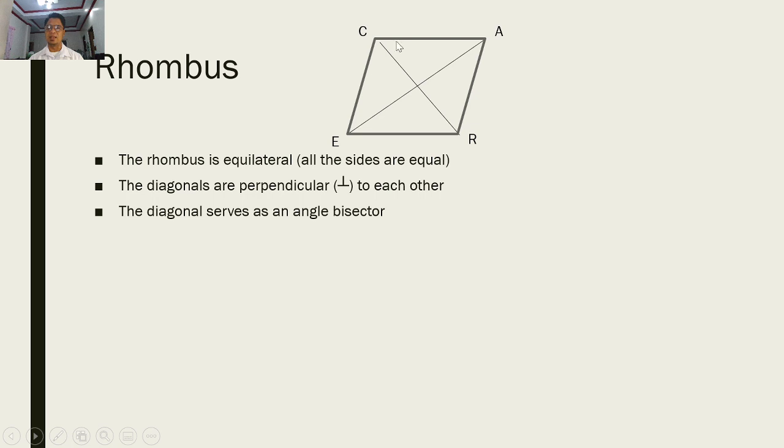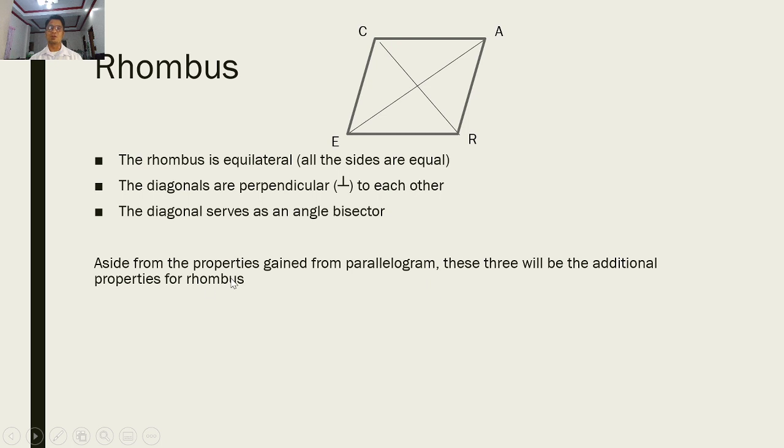If this angle, angle C, is 120 degrees, let's say for example, and we are talking about a rhombus, and we draw a diagonal here, the 120 will be divided into 2 equal parts, which means this portion will be 60 degrees, and the other part will also be 60 degrees. So aside from the properties gained from parallelogram, these 3 will be the additional properties for rhombus.